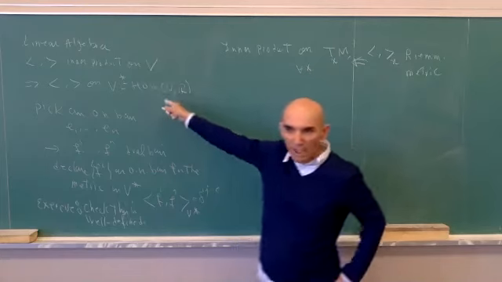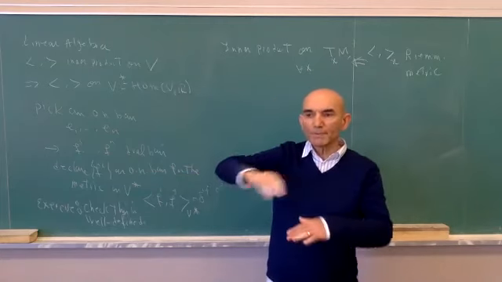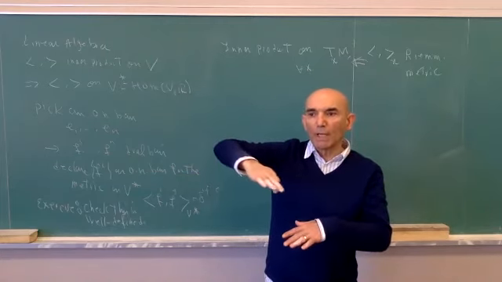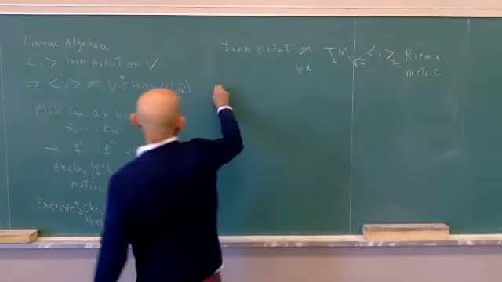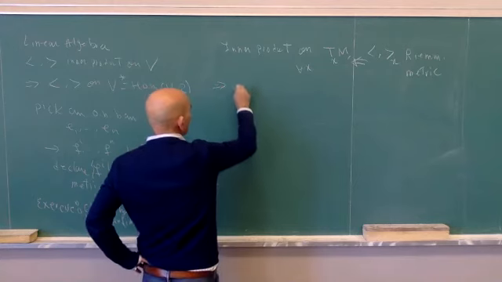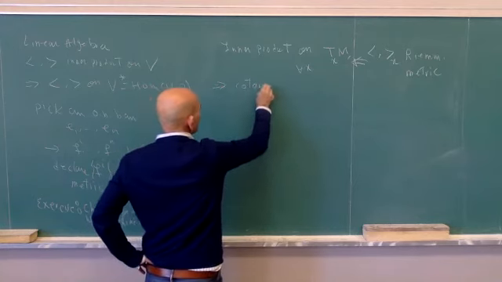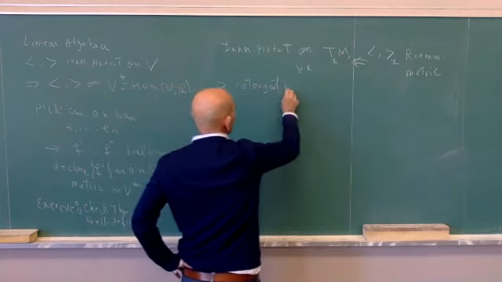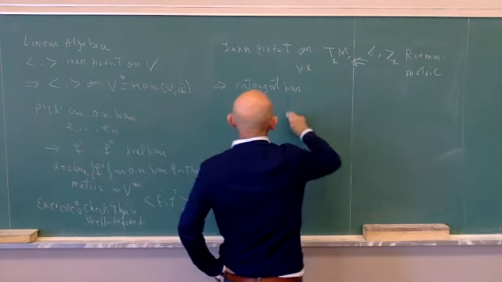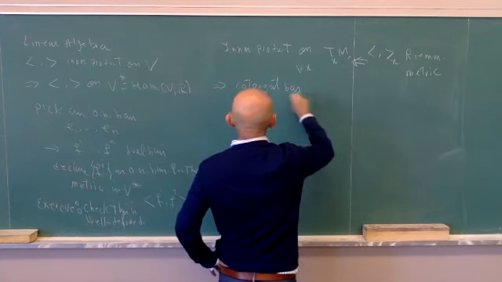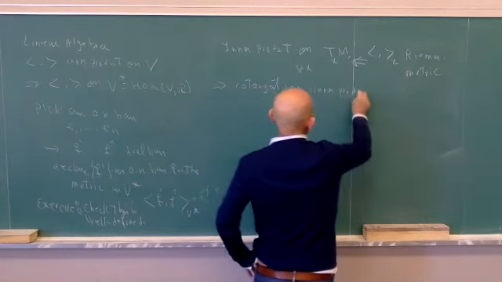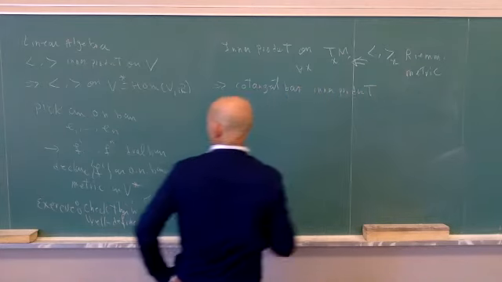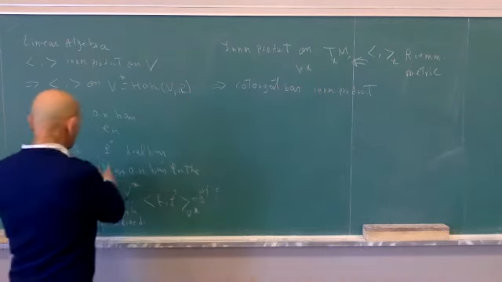So now we use this idea to equip the dual space, or cotangent space, with an inner product. Get the cotangent space. Okay, so you define it this way.